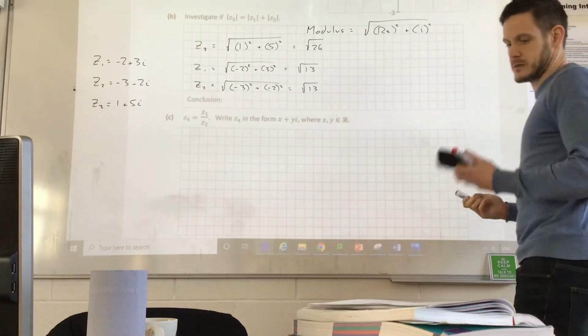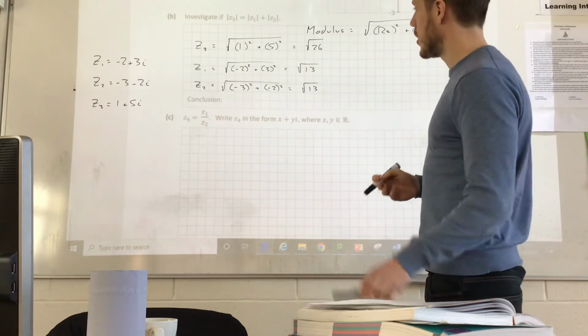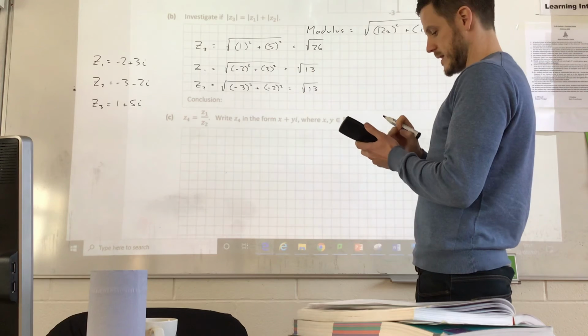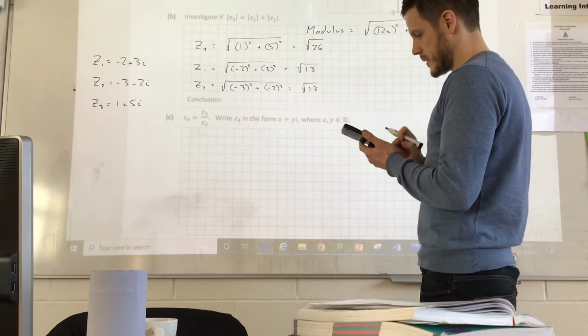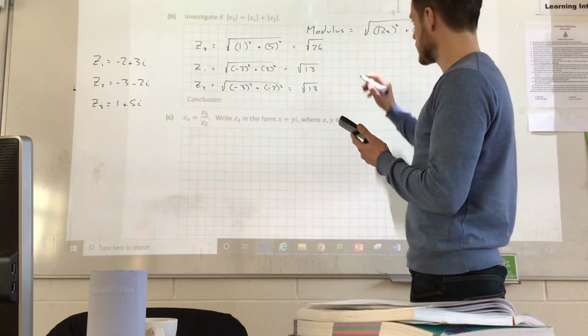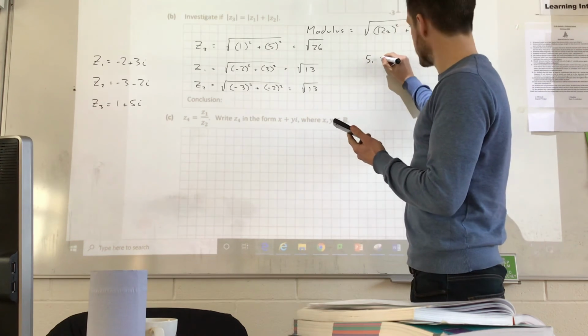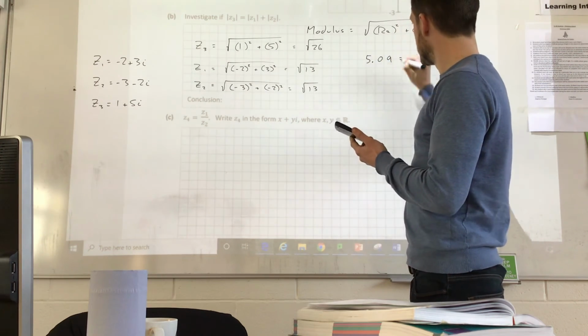Now, this one caused a little bit of confusion. So what I would do is I would change them to decimals, because then you definitely know. So the square root of 26, when you change it to a decimal, is 5.09.